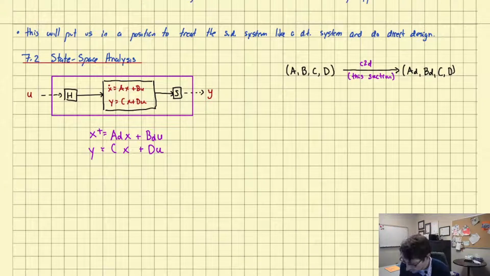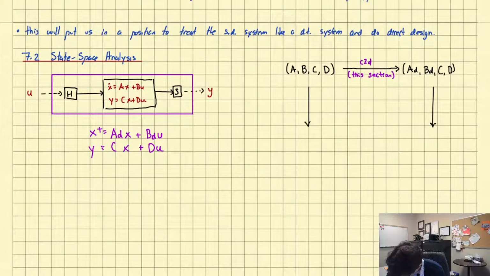Okay? And then later on, we're going to do the same sort of thing, but using transforms. So I'm going to draw a couple of arrows. So this, of course, is state space to transfer function, state space to transfer function.